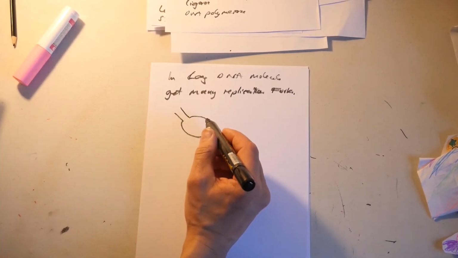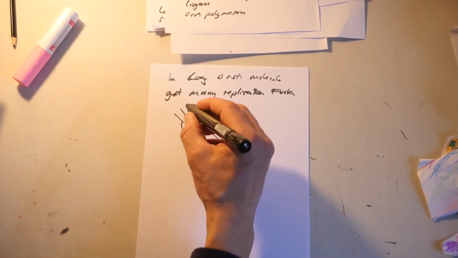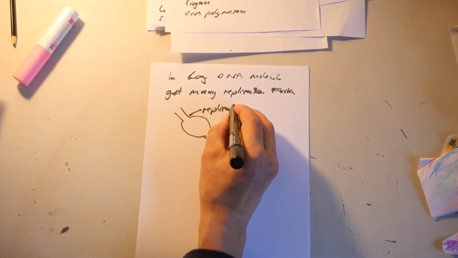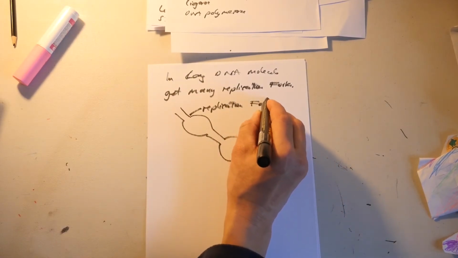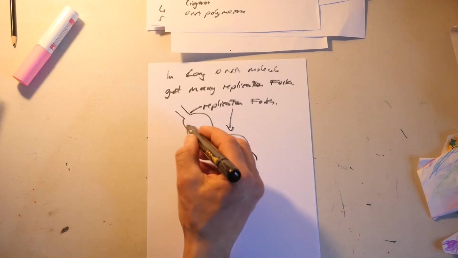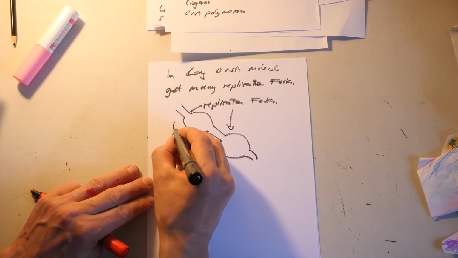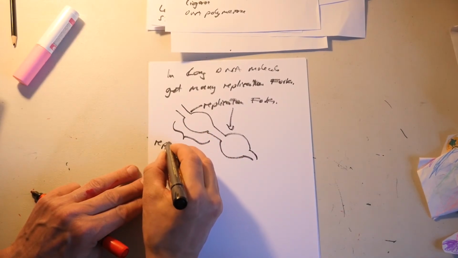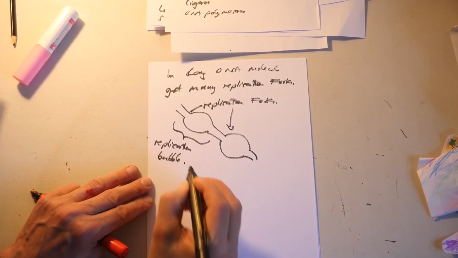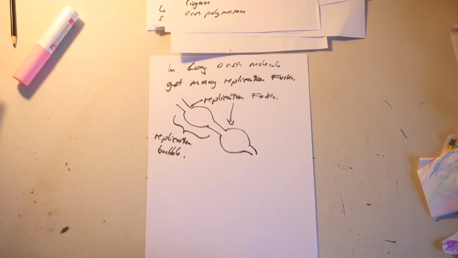So these are replication bubbles, okay? These are replication forks. And this is a replication bubble. Okay, so that's kind of how it works. There are also other enzymes as well, but you aren't meant to know that at this point.